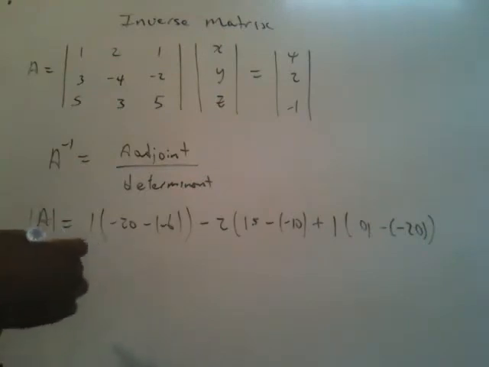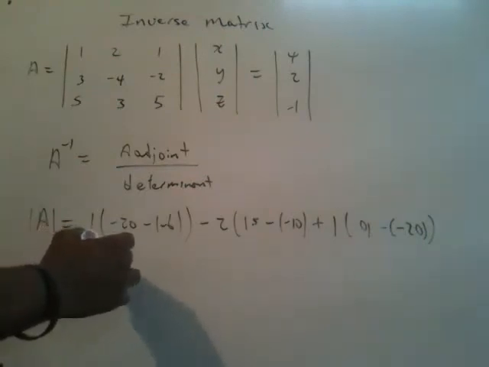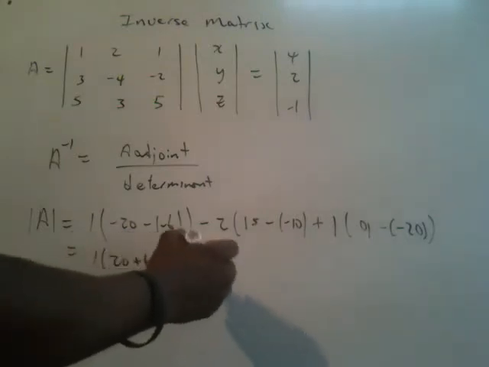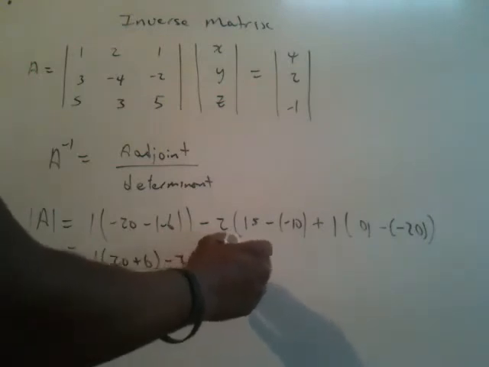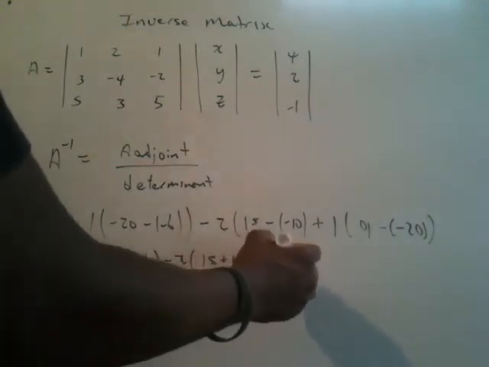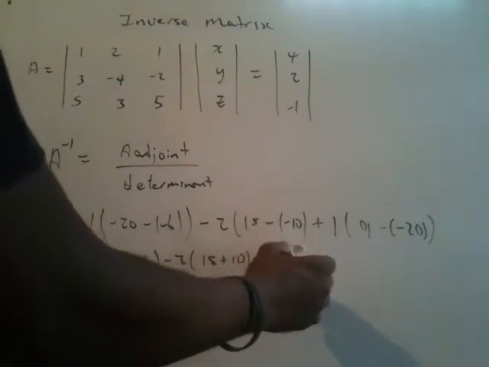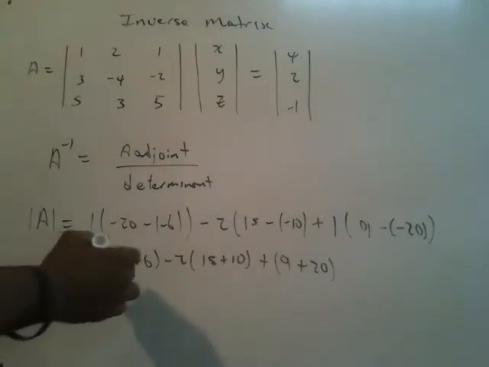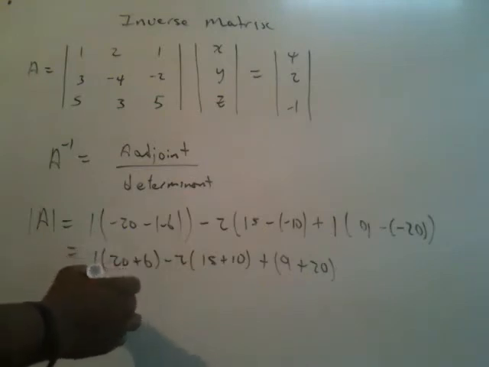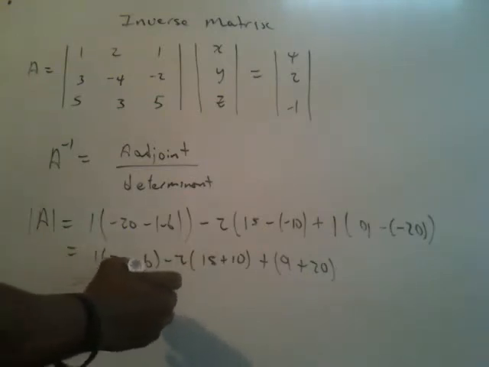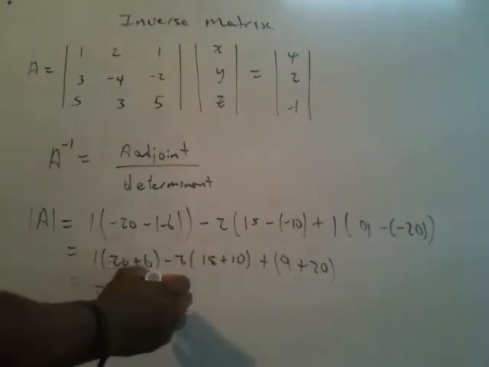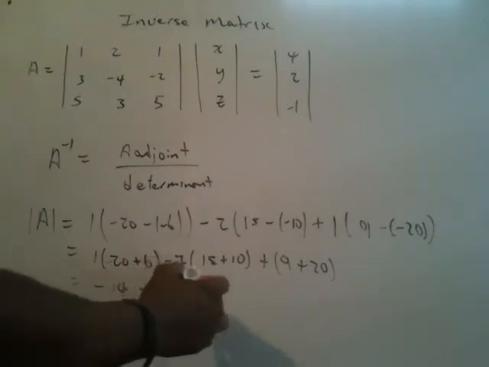So next in line we have 1 (-20 + 6), minus 2 (15 + 10), plus 1 (9 + 20). We end up with -14, and 2 times 25 gives us -50, plus 29.